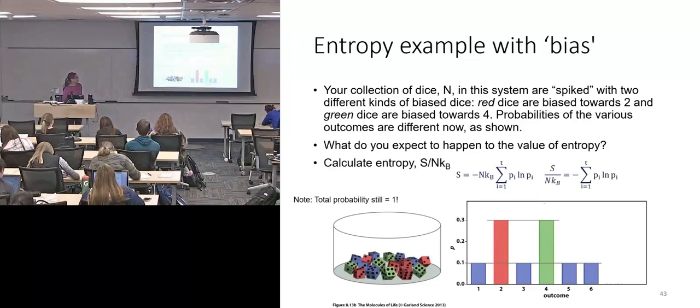Okay? So in this case now, you would have 0.1 times the natural log of 0.1, and you can multiply that by 4, or you can sum them up each time if that makes you more comfortable. You would add that to 0.3 times the natural log of 0.3.